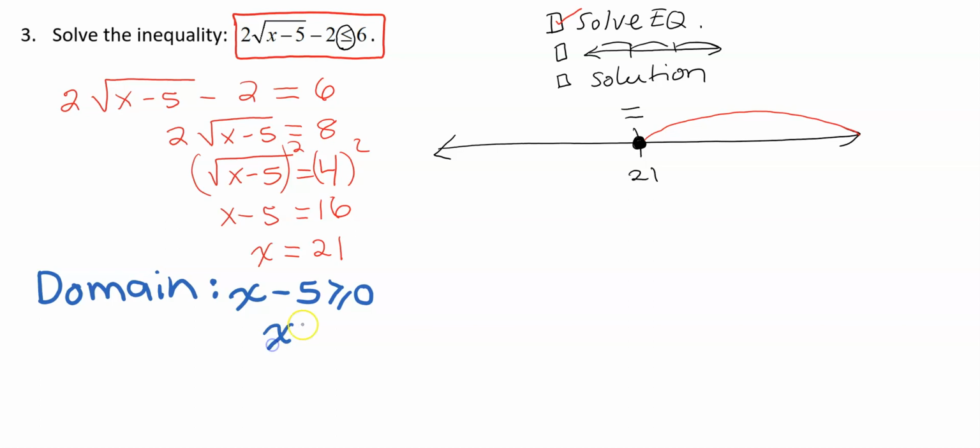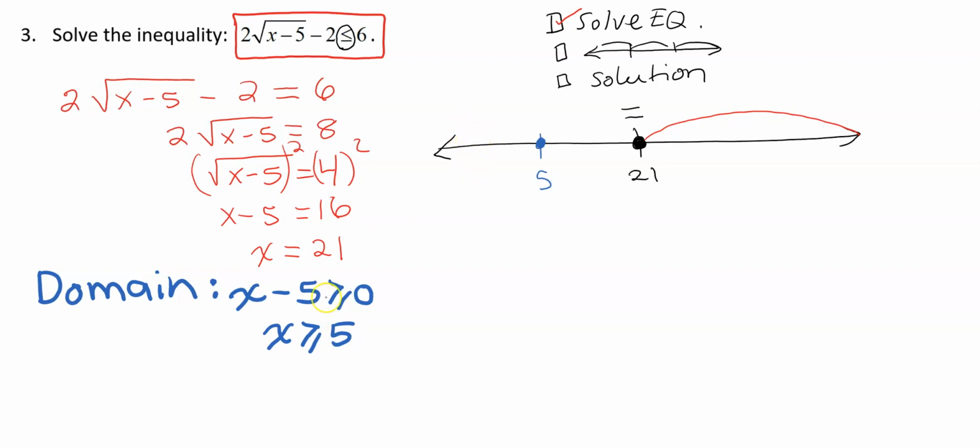So x has to be greater than or equal to 5. So we do have another cutoff point here, and that cutoff point is 5. And you could have 5, and that would be okay, because that would have the thing inside the square root being 0, and that's okay.